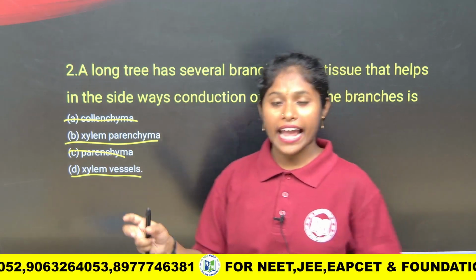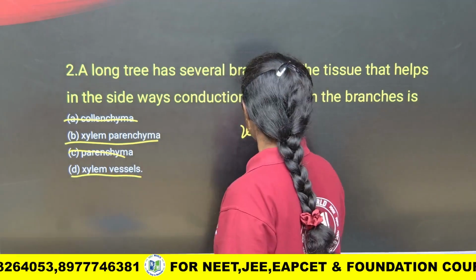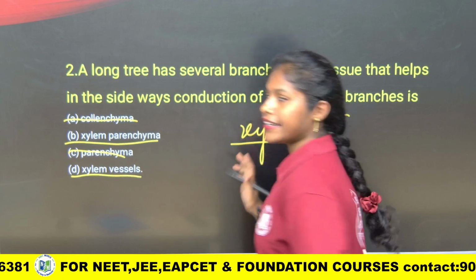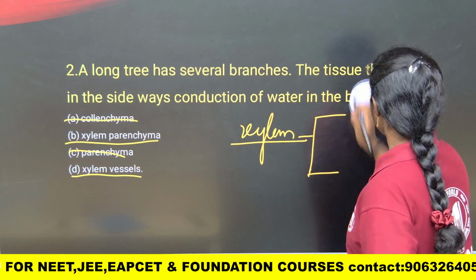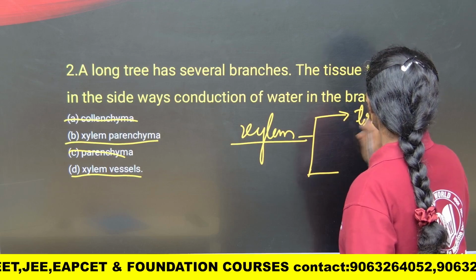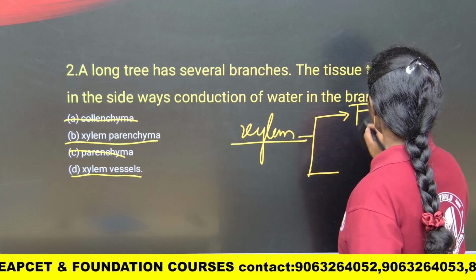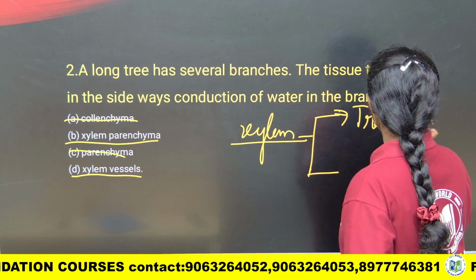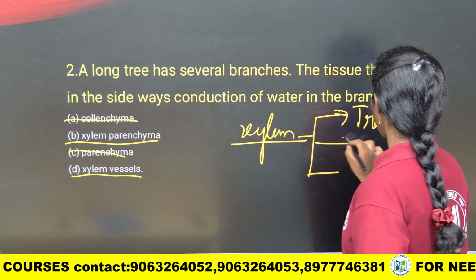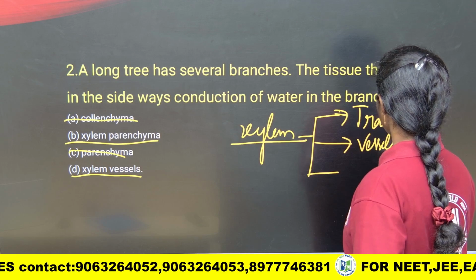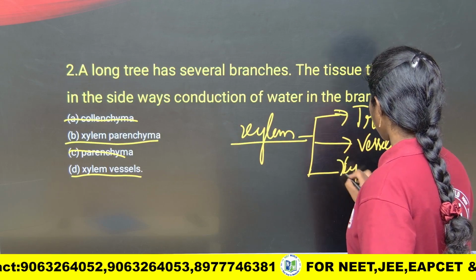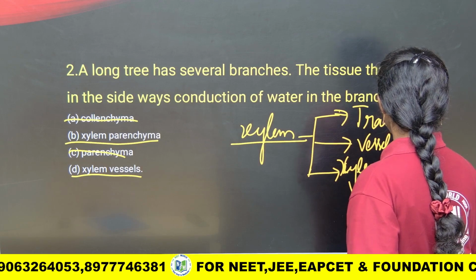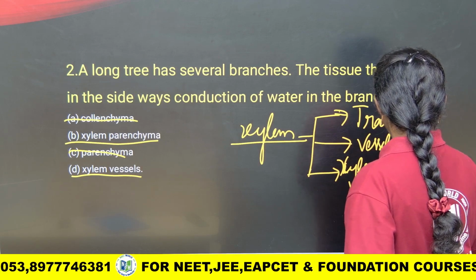We all know that xylem has 4 components, right? It is almost dead tissue. The 4 components of the xylem are tracheids, vessels, xylem parenchyma and xylem fibers.